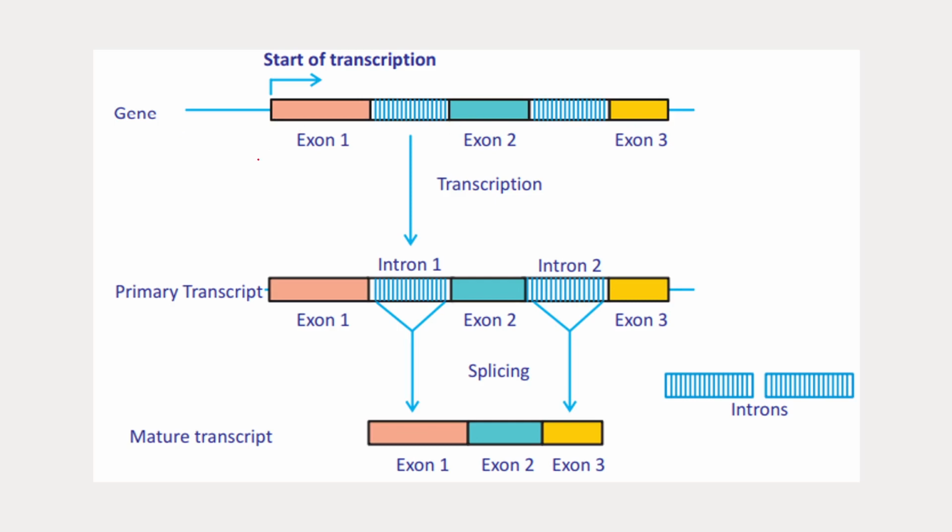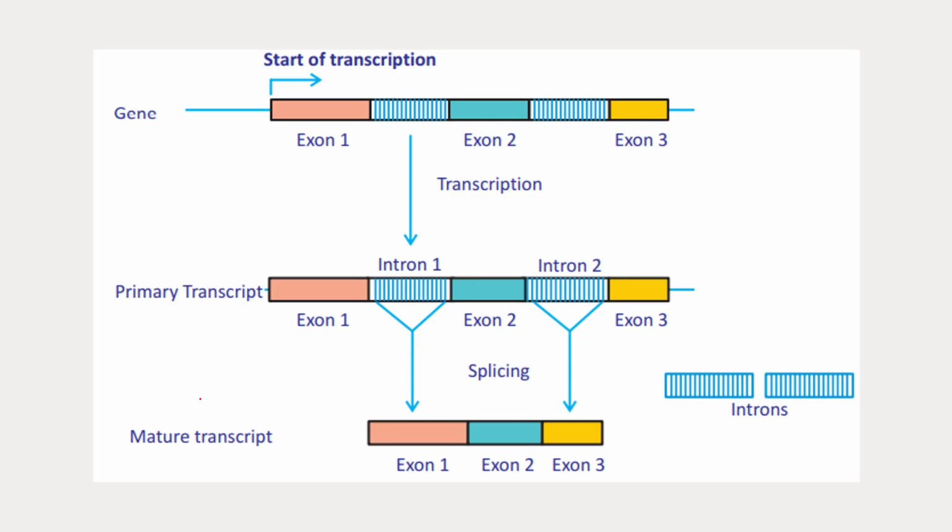When transcription starts, the result is called the primary transcript, and after the splicing mechanism, the introns have been removed, only the exons are placed, like exon 1, 2, 3. After an intron is removed, the two exons are ligated by the enzyme ligase.